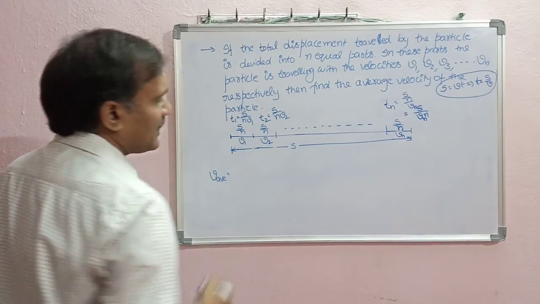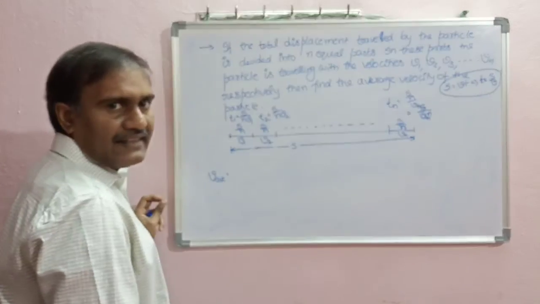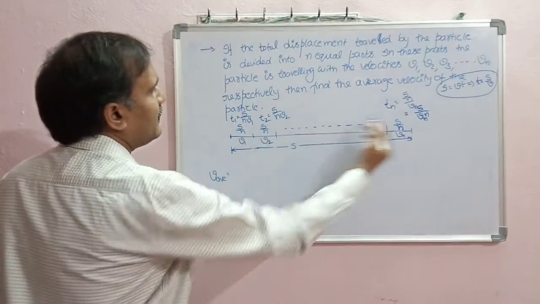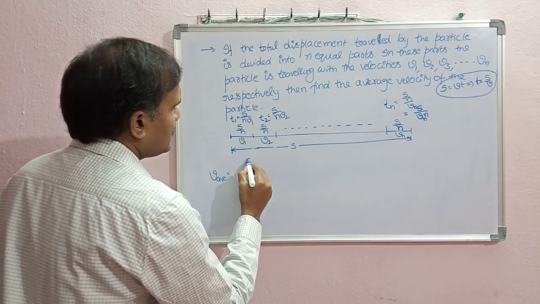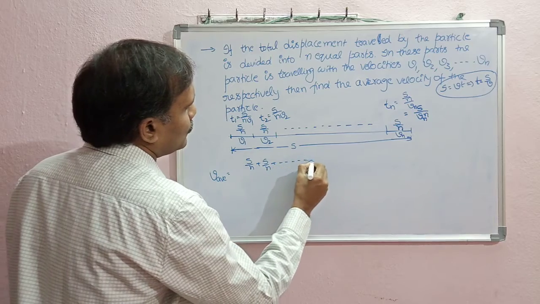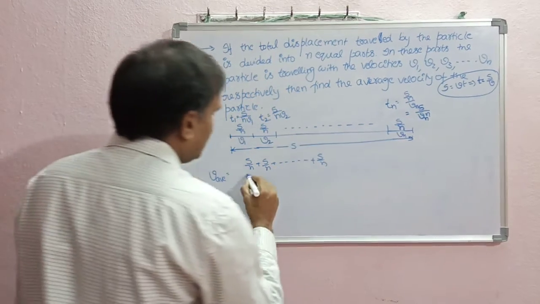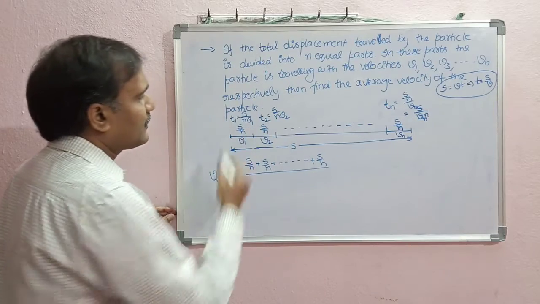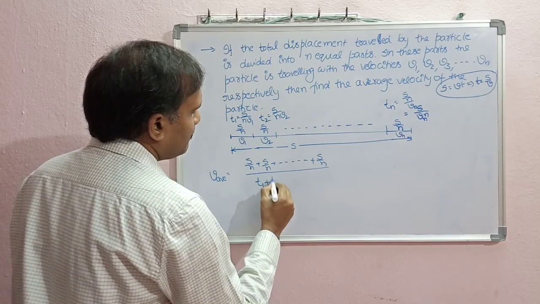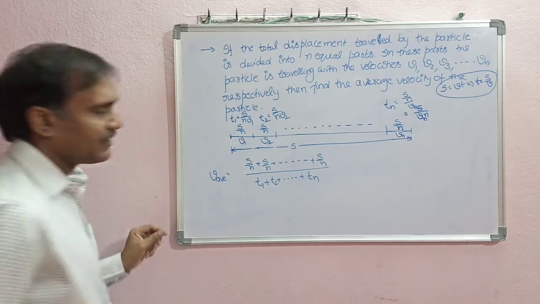Okay, V average becomes how much? Total path length or displacement traveled by the particle. How much is it? S by N plus S by N plus so on up to S by N, N times, divided by the time interval T1 plus T2 plus T3 plus so on up to Tn.